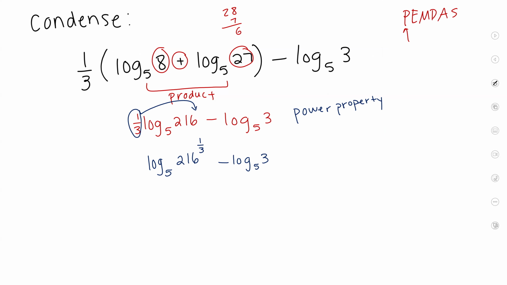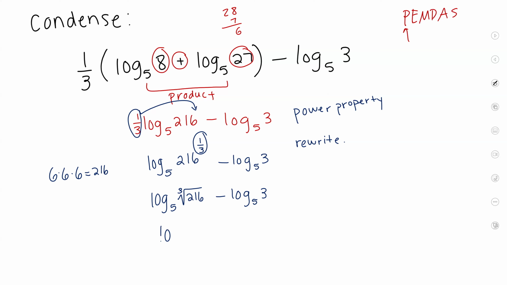Now remember, I can rewrite 1/3 as a cubed root. Well, I know that 6 times 6 times 6 is 216. So that means the cubed root of 216 is 6. So this is log base 5 of 6. That's what that simplified to.